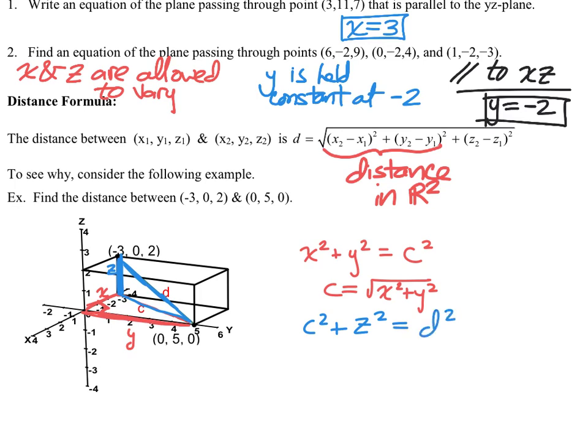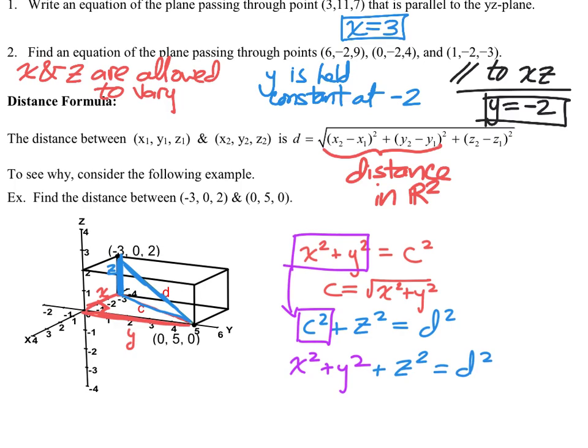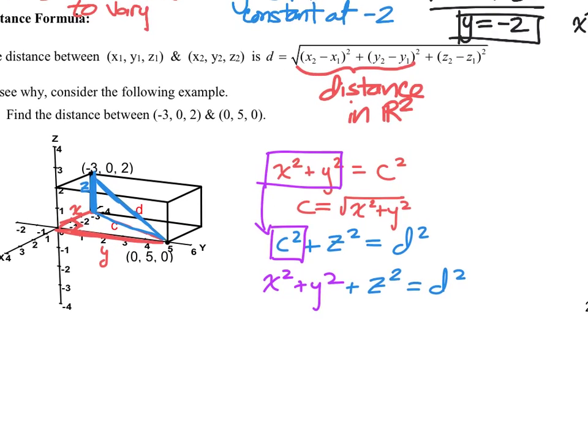All right, so I have that little radical there. I could plug that in, but I also happen to know that c squared is the same thing as x squared plus y squared, so I could just make that wholesale substitution there and come up with x squared plus y squared plus the z squared that's already there is equal to d squared. And then I could root.